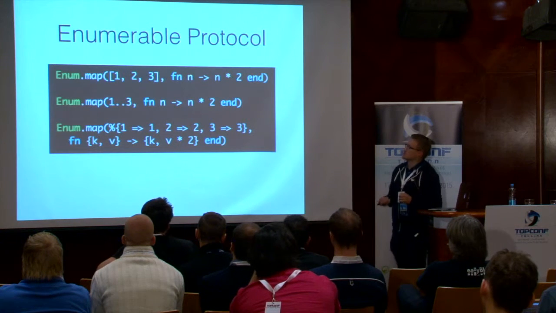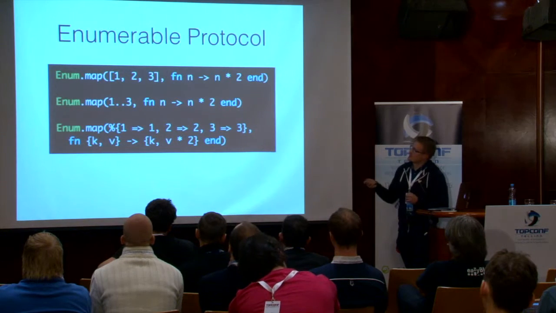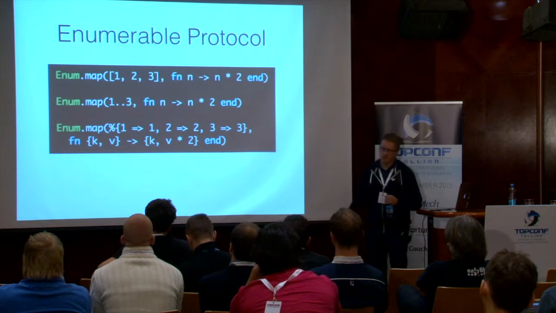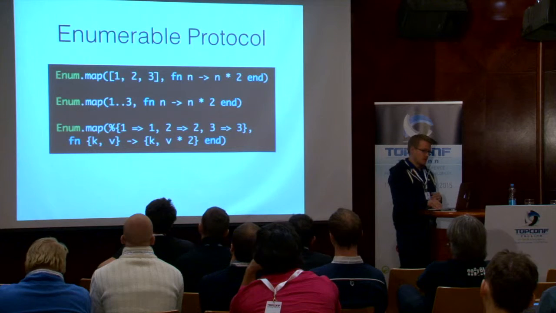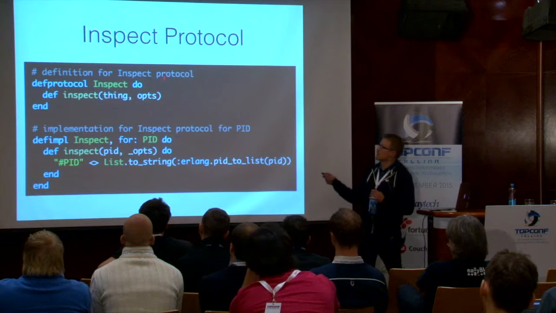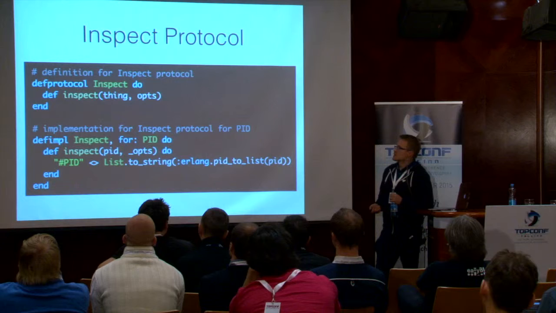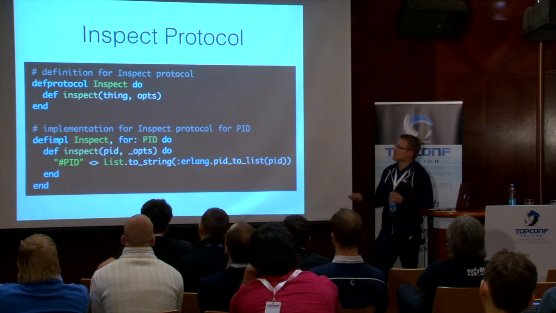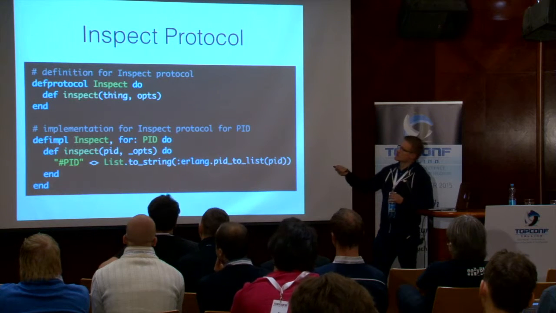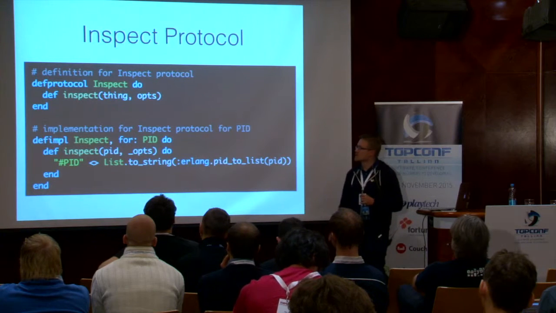So here's an example where a list, a range and a map are given to the same function. And how Elixir does this, I will show an example of an Inspect protocol. So we are able to define protocols, so we can implement polymorphism, and this Inspect protocol here says that the data type implementing this protocol should implement the function inspect.